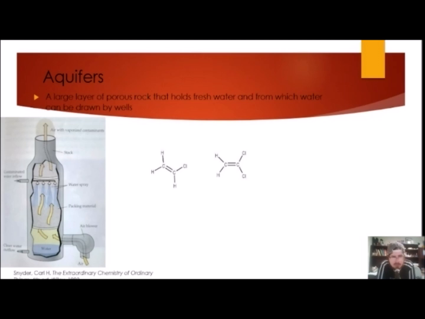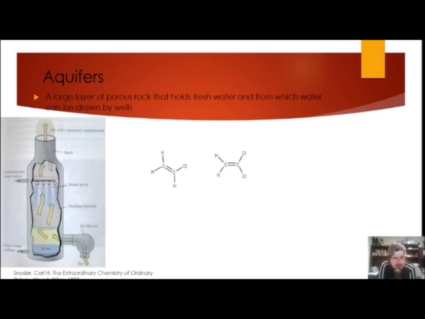We have various things used in making polymers, like vinyl chloride on the left, which is used in making PVC, polyvinyl chloride, or vinylidene chloride on the right, used in making polyvinylidene chloride, which is Saran. These are carcinogens and can cause organ damage in drink. And so we have to clean them out of the aquifer. We can't just abandon our major source.